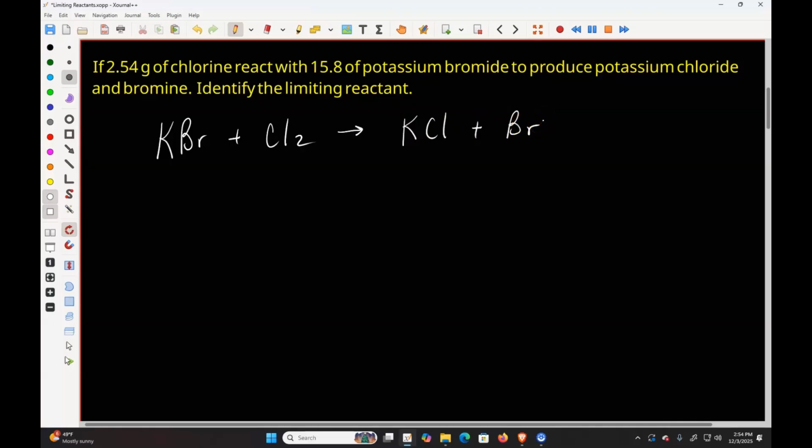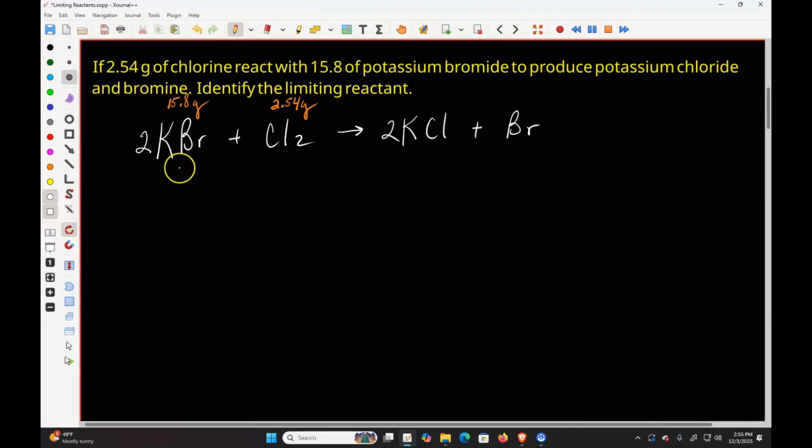We're given 2.54 grams of chlorine and 15.8 grams of potassium bromide, and we need to know which one is limiting. But before we get started, we need to balance the equation. So I have to have 2 potassium bromides, 2 potassium chlorides.